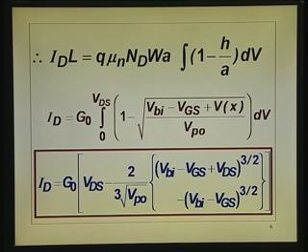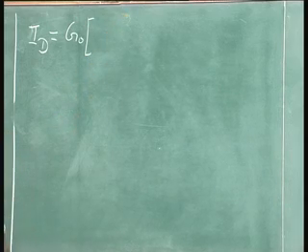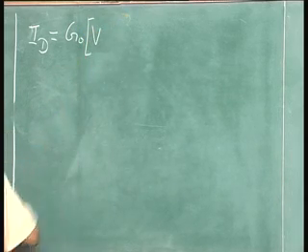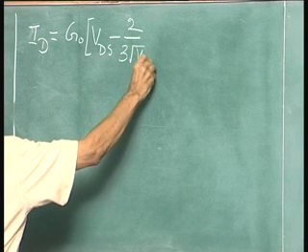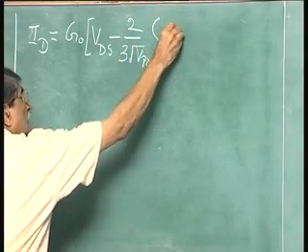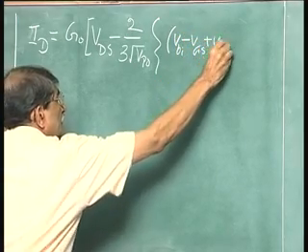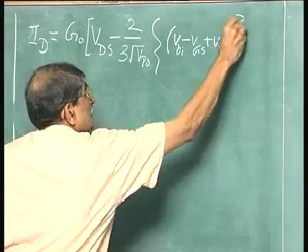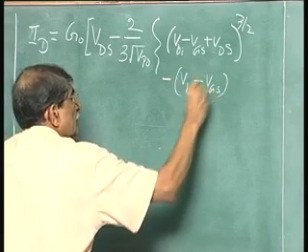So, what we have is I_d equal to G naught into V_ds minus 2/3 of root of V_p0 into (V_bi minus V_gs plus V_ds) to the power of 3 by 2 minus (V_bi minus V_gs) to the power of 3 by 2.